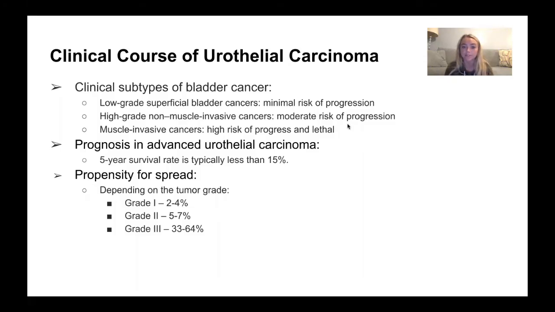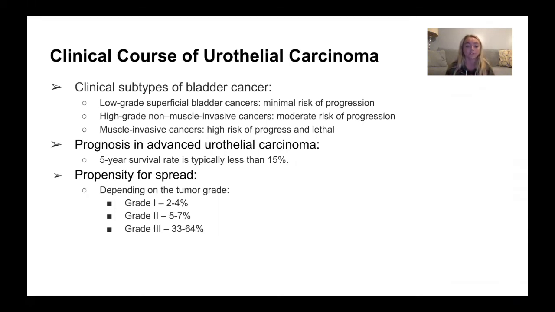As far as the clinical side of urothelial carcinoma, the clinical subtypes include low-grade superficial bladder cancers, which have a minimal risk of progression compared to higher-grade non-muscle invasive cancers, which have more of a moderate risk. And then also there is the highest, which is muscle invasive cancers that have the highest risk of progression and are usually lethal.